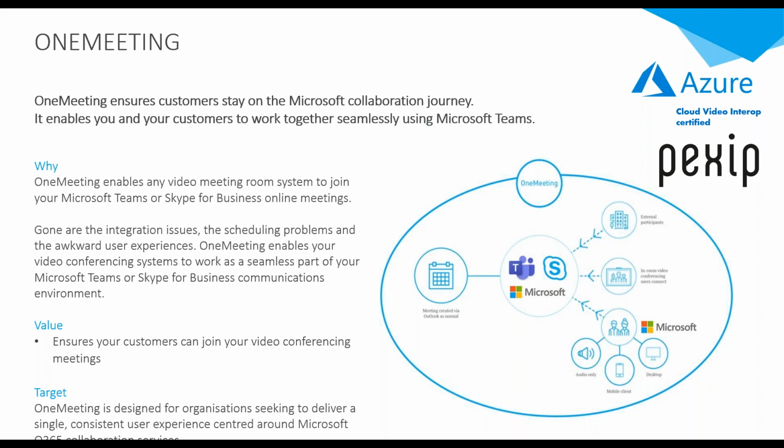That's what OneMeeting does. With a combination of OneMeeting and the Teams meetings in Office 365, you can now have people use Teams and Skype for Business as they usually do, but you can now also integrate any standards-based video conferencing room into your meetings.